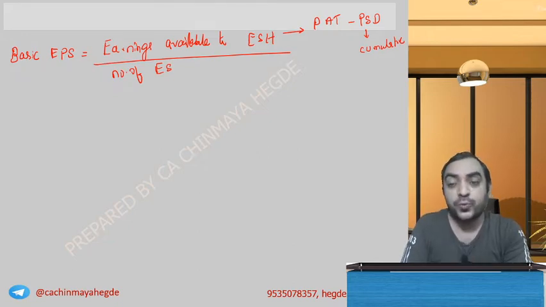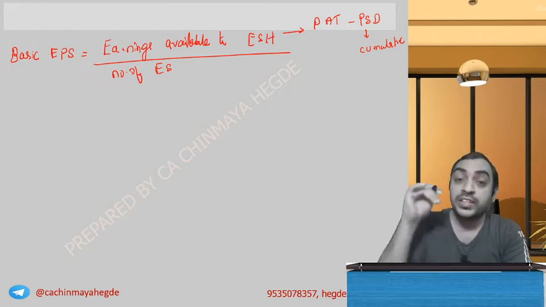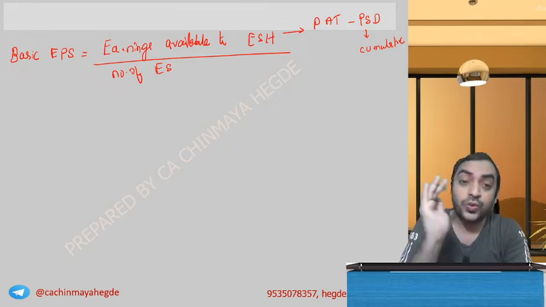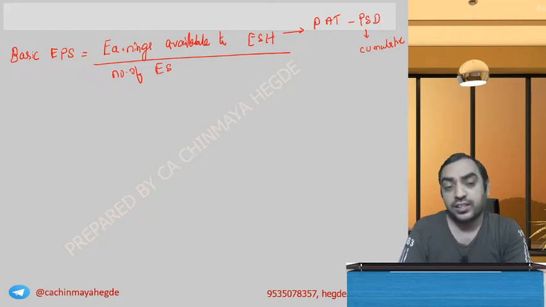For non-cumulative preference shares, only if you have declared, only then does it come in. If the preference share dividend is non-cumulative and not declared, it will not come here. Only in the year when the declaration comes will it be part of earnings available to equity shareholders by way of reduction.